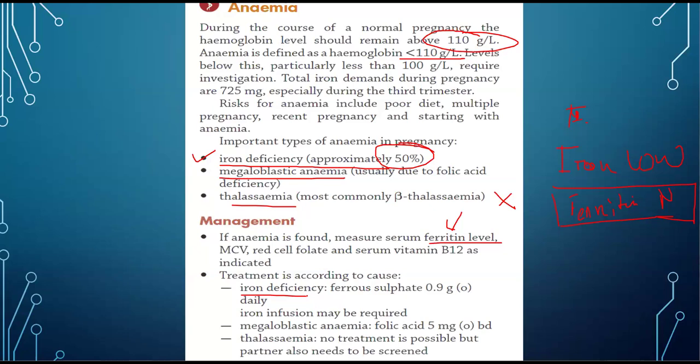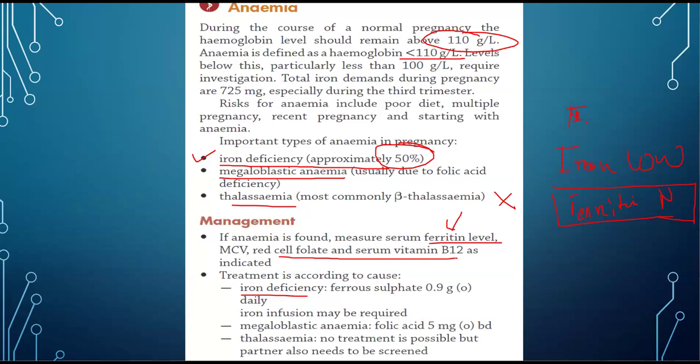Let's say you have done the iron study, but the iron study comes back normal. What will you do next? Then you are going to check the B12 and folic acid level. So if B12 is low, then you will give them B12.